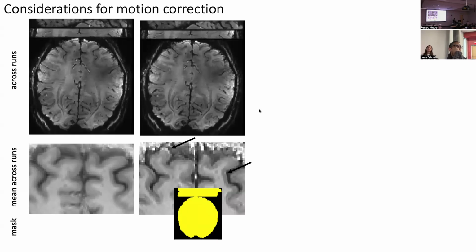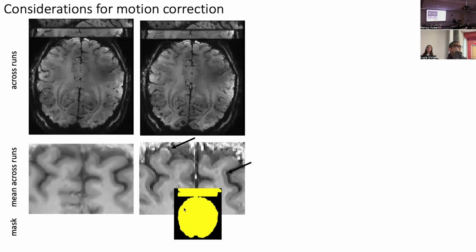So conventionally, as it's done in SPM or in AFNI, that I know, usually the brain is masked and then the motion is estimated within that, which is a problem, specifically also for 3D EPI methods. Because it still has these residual motions sometimes, which comes from the fact that you have a thin slab. So the outermost slices have weaker intensities because of different spin history effects or different slab excitation profiles.